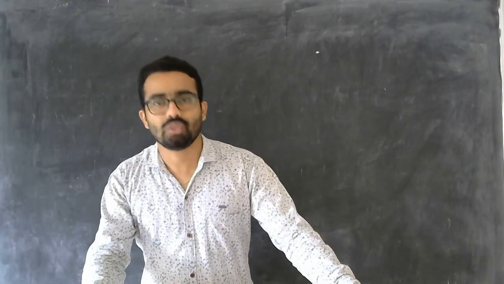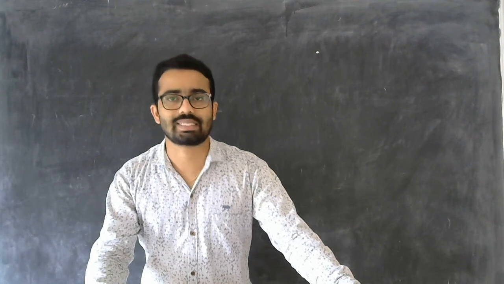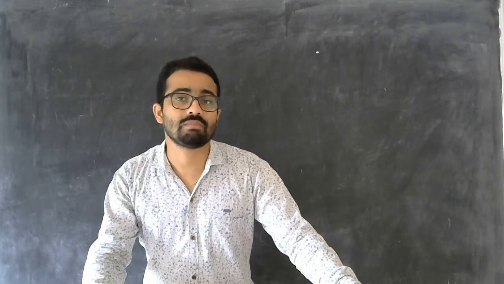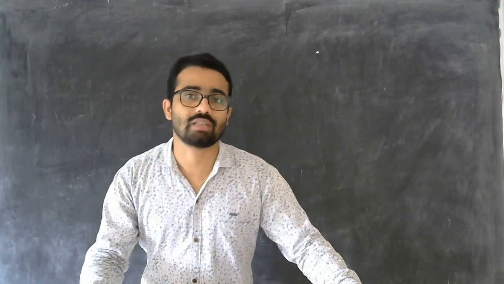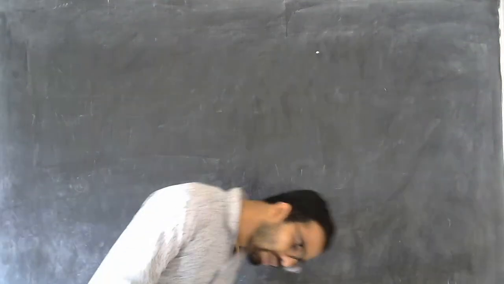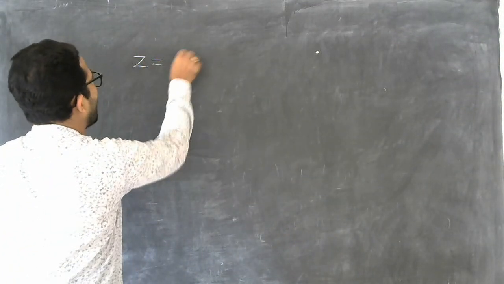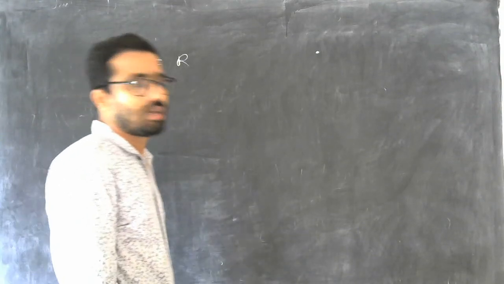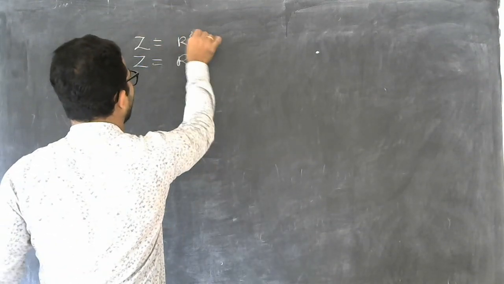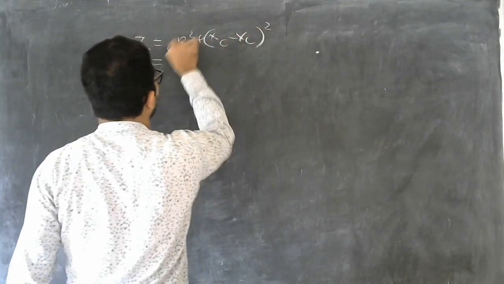And we also took another case: if XC is equal to XL, if the capacitive reactance becomes equal to the inductive reactance, in that case we got the equation for impedance as Z is equal to R, because the equation for Z is the square root of R square plus (XC minus XL) whole square.